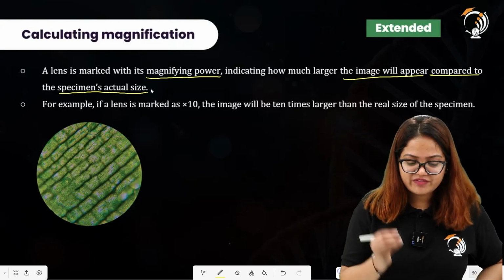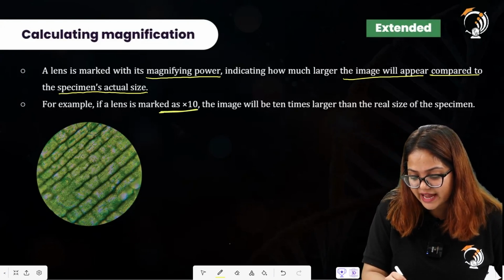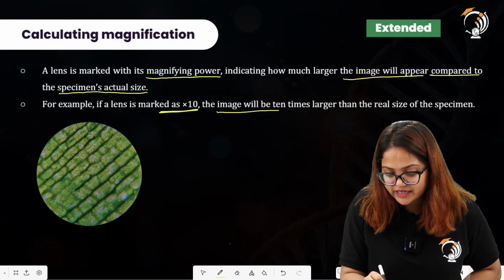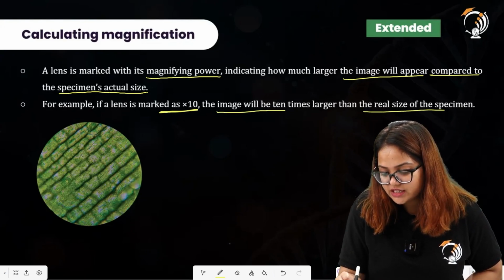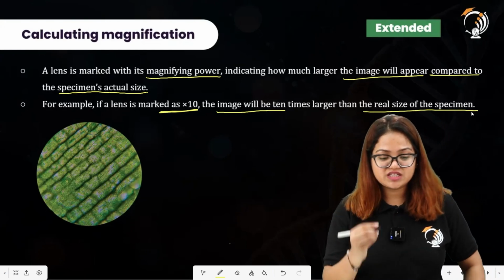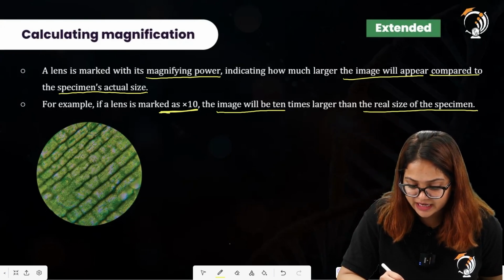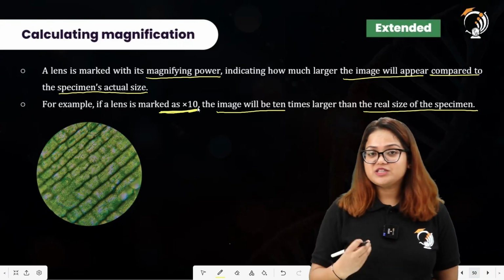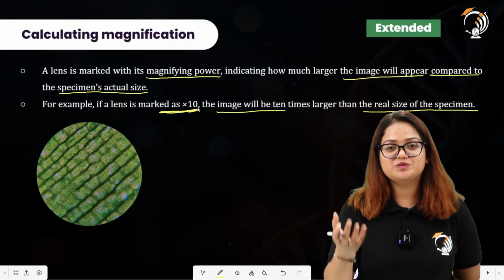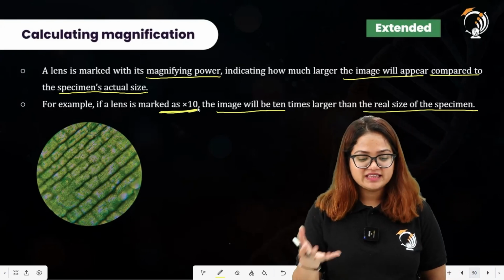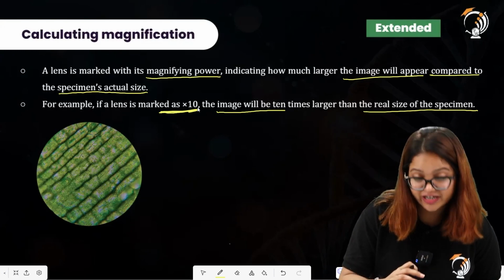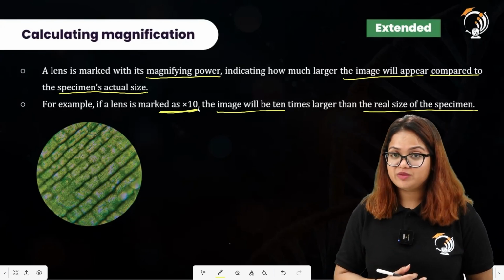For example, if a lens is marked at 10 times, then the image will be 10 times larger than the real size of the specimen.